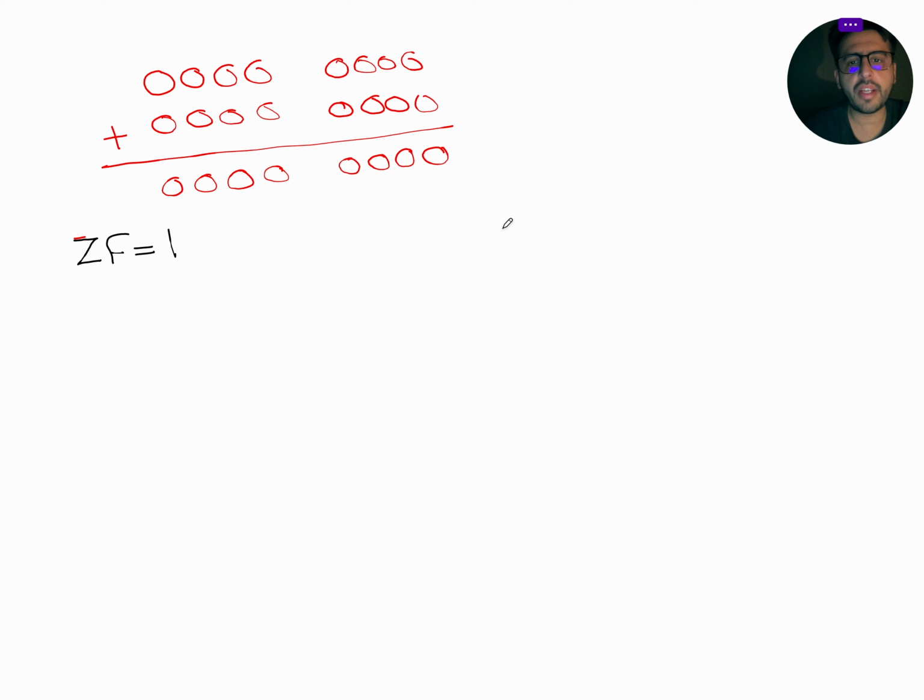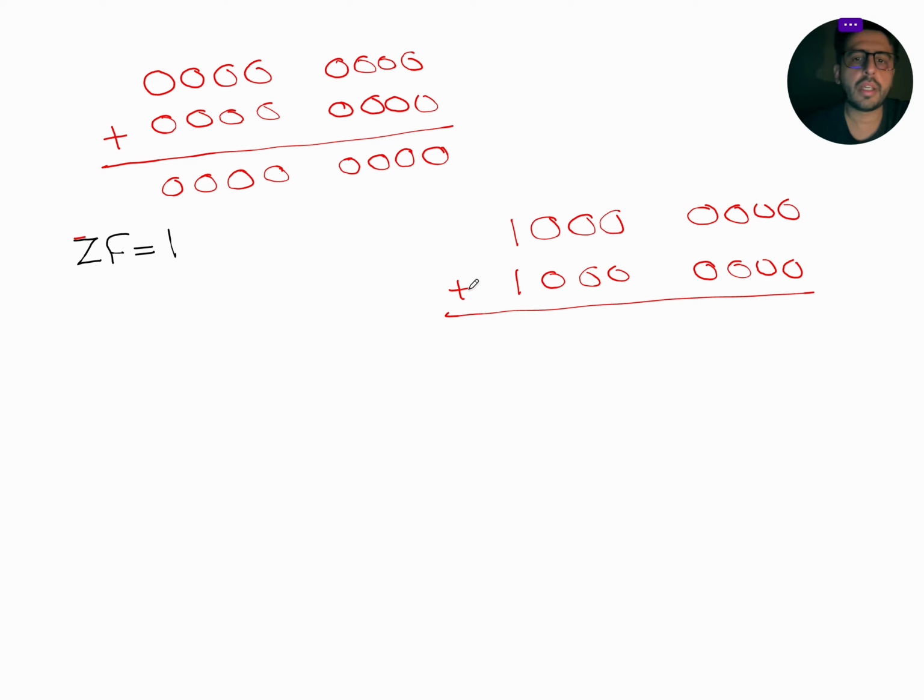Let's consider another example. In this example, we are adding two numbers. So after addition, we have achieved a 0 result. So it means in this example again, the zero flag is equal to 1. Let's consider another example.